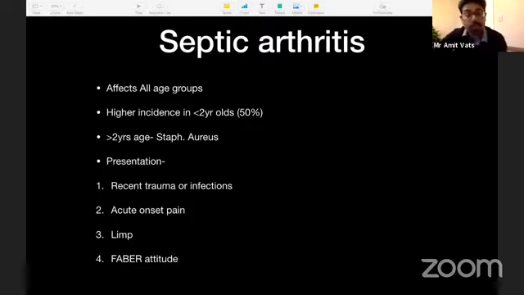The child is reluctant to put weight on one leg, and the leg may be in an attitude of flexion, abduction, and external rotation, as that is the most comfortable position for the hip, given that that's where the joint capsule has the largest volume space.